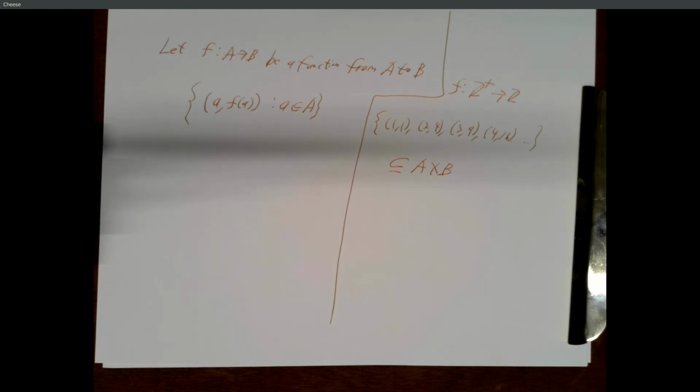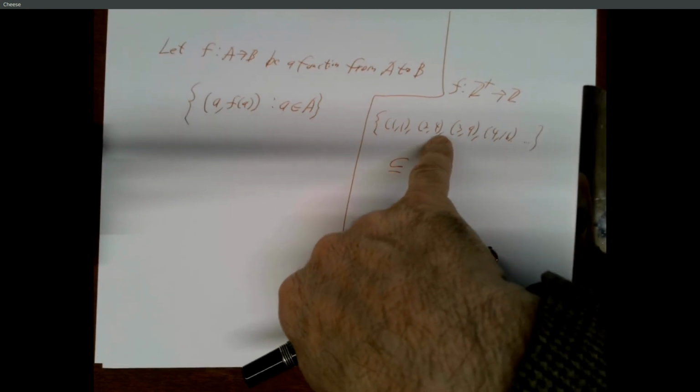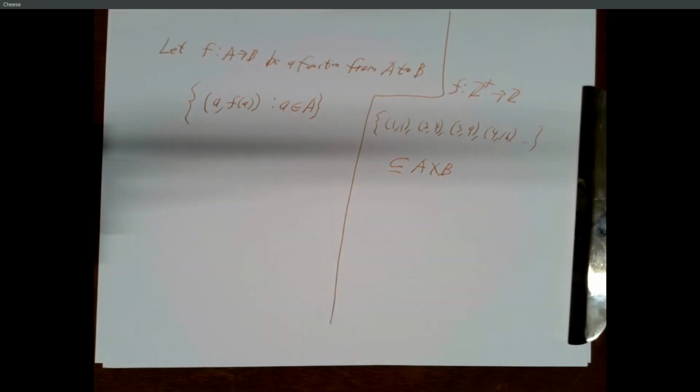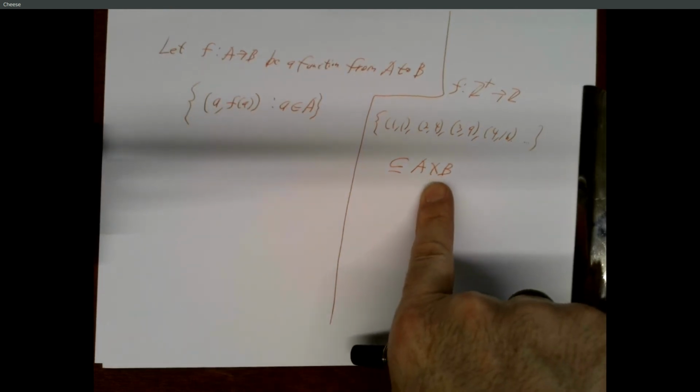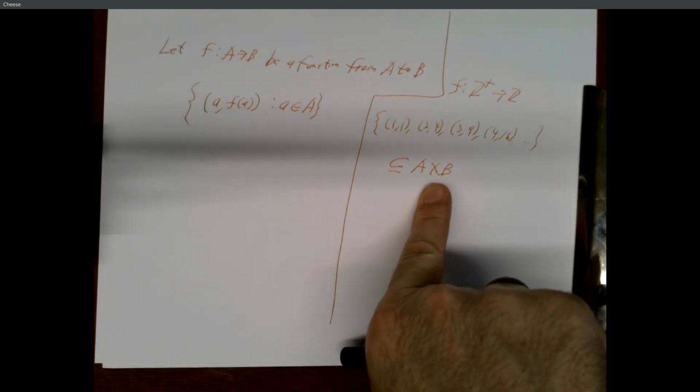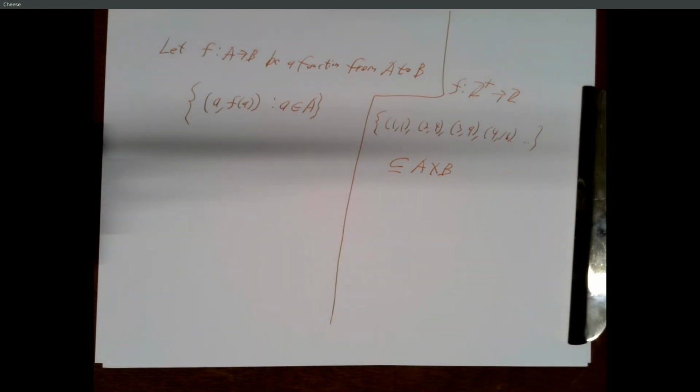Some of them aren't well defined though. Right? We could have one map to 1 and also have one map to 5. That's not a well-defined function. But every well-defined function is contained somewhere inside this Cartesian product. It's some subset of that.